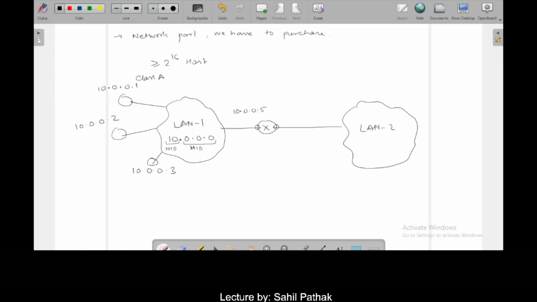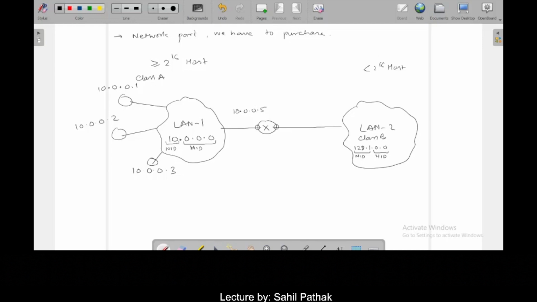Similarly, here, let's say there is a requirement of less than 2 raised to power 16 hosts. Then you may go for class B. Assume that you have bought 128.1 as your network ID part, and the rest are 0, which is your host ID part. So 16 bits are for network ID and 16 bits are for host ID.